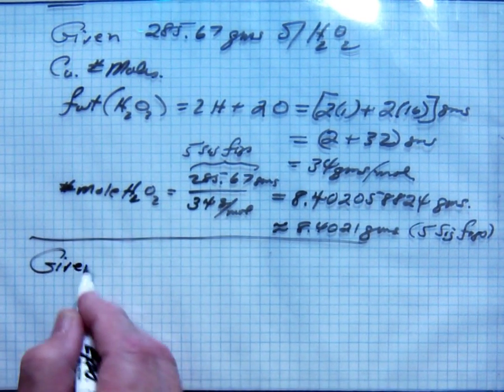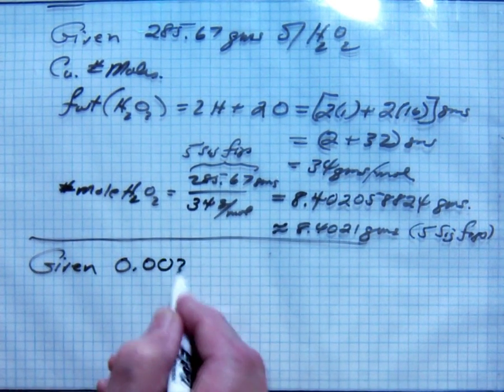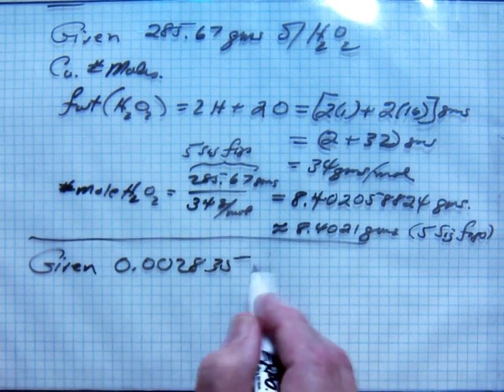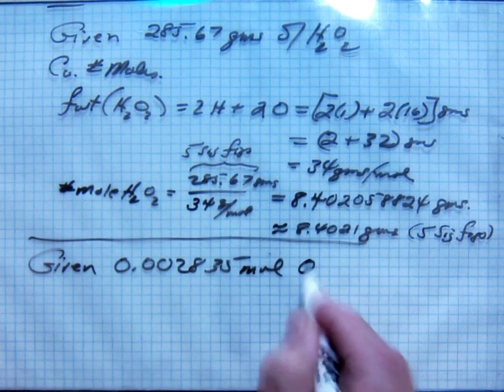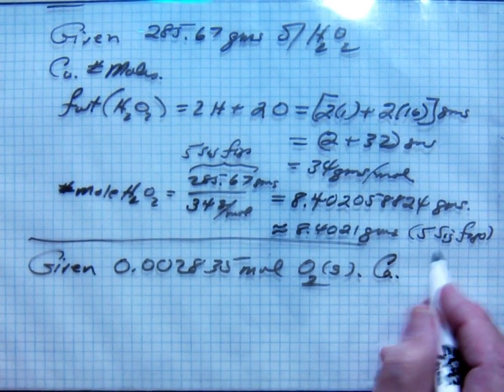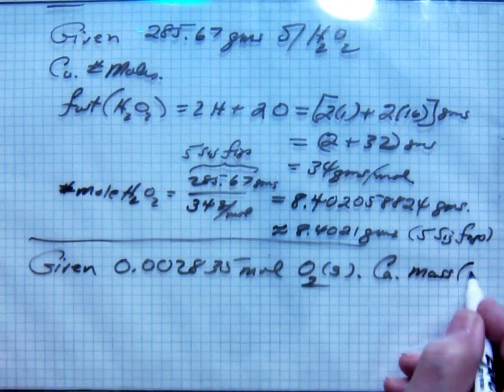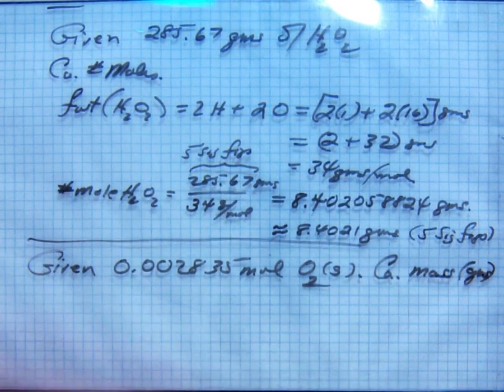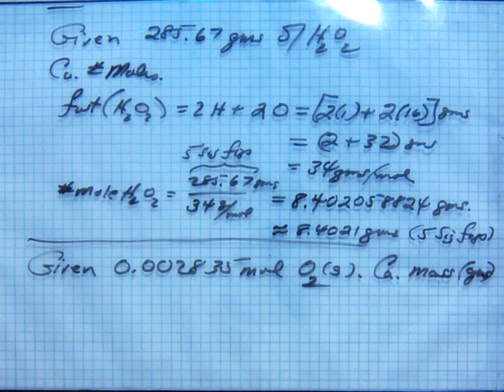Given 0.002835 moles of O2 gas. Calculate mass in grams. Calculate your mass in grams. Well, multiply by formula weight.